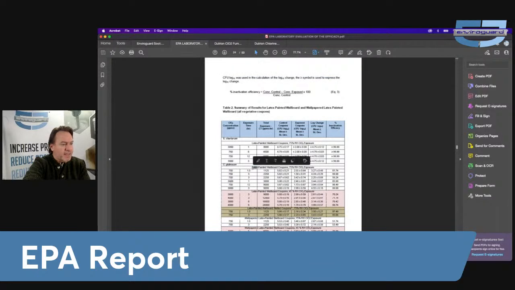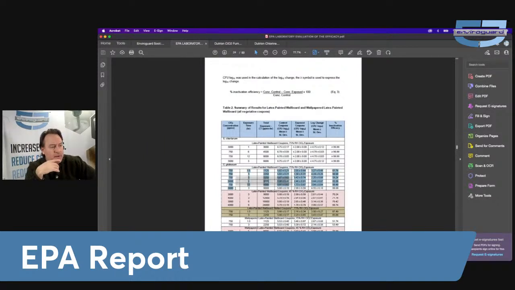Okay, in this latex painted wallboard at 75% RH, we can look down this, and again, from a chlorine dioxide concentration standpoint, we go from a low of 750 parts per million to a high of about 3,000 over different exposure times.